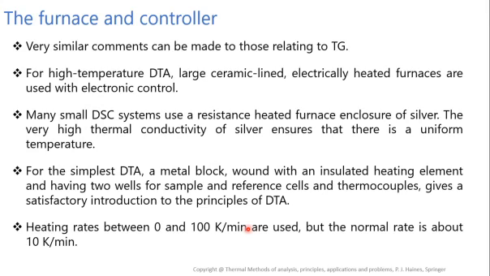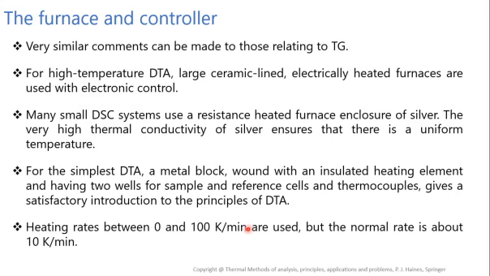The very high thermal conductivity of silver ensures that a uniform temperature is distributed in the instrument. For the simplest DTA, a metal block wound with an insulated heating element and having two wells for the sample and reference cells and a thermocouple gives a satisfactory introduction to the principle of DTA.